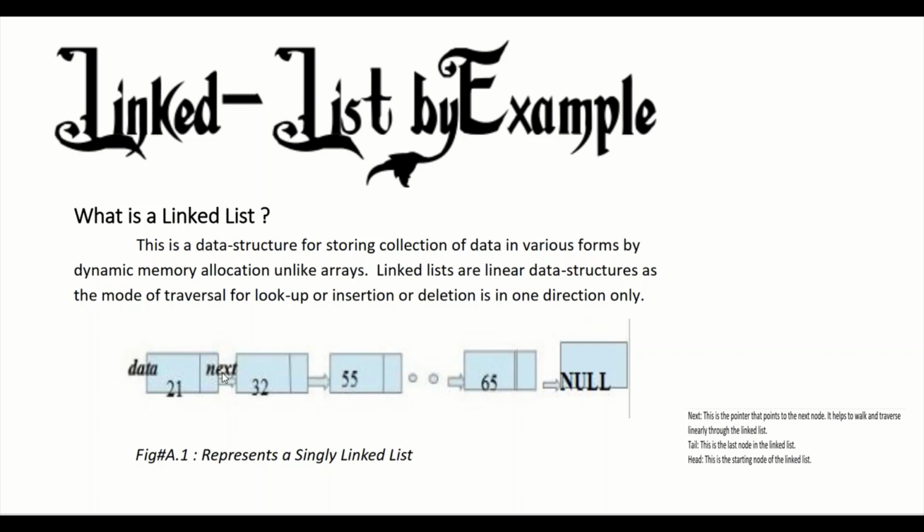The next has an address to the next node. You have the head node here and the tail node here, and the traversal happens in a linear direction, typically useful for performing lookups, insertion, and deletion.